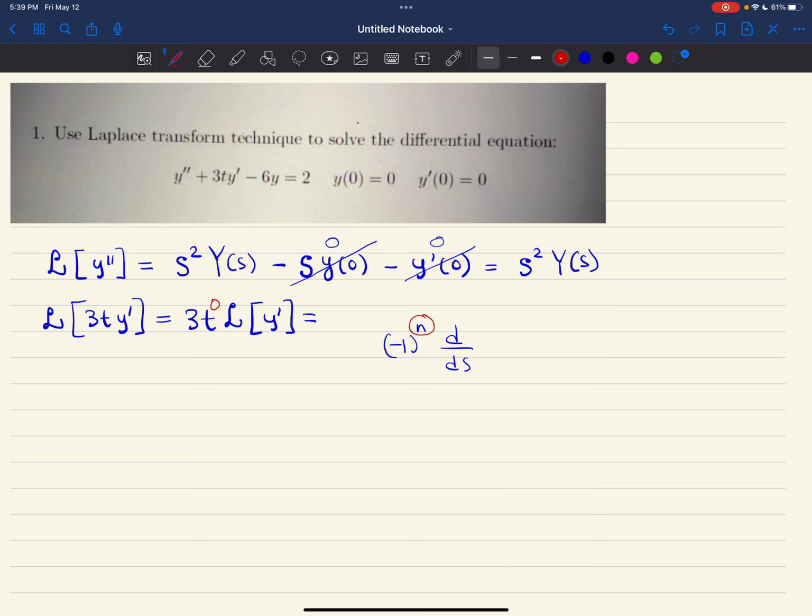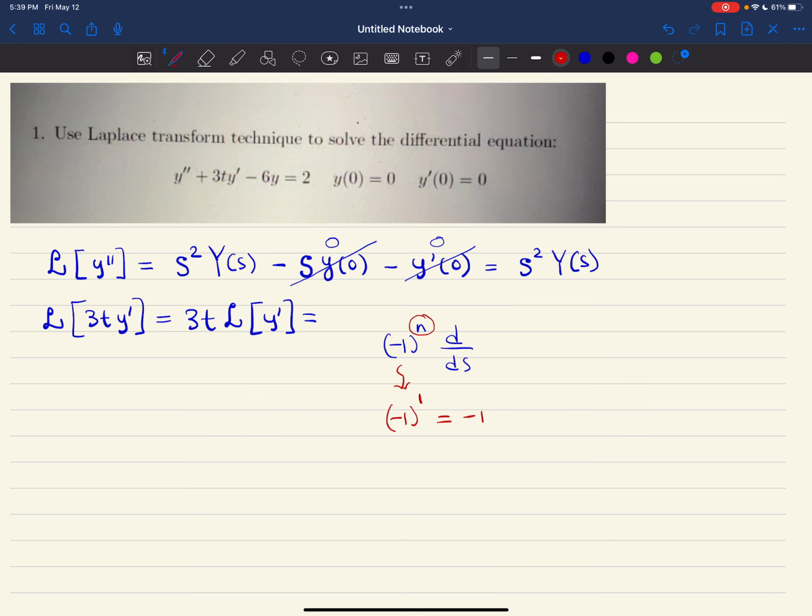As you can see, the power of t here is just 1, like t to the power of 1, which is usually invisible. So this will just be negative 1 to the power of 1, which is just negative. And if you multiply negative 1 with d/ds, that would become negative d/ds. So just something that you have to be careful of.